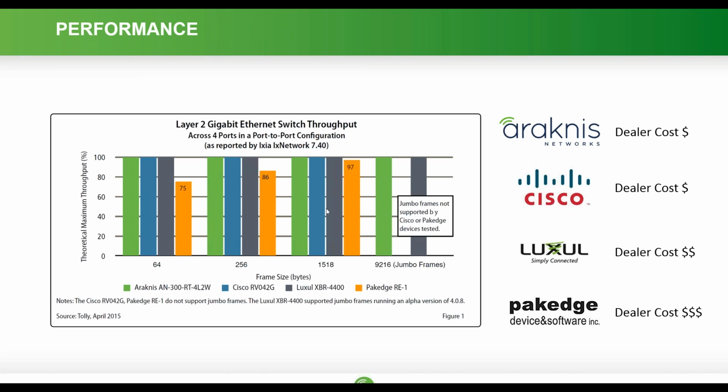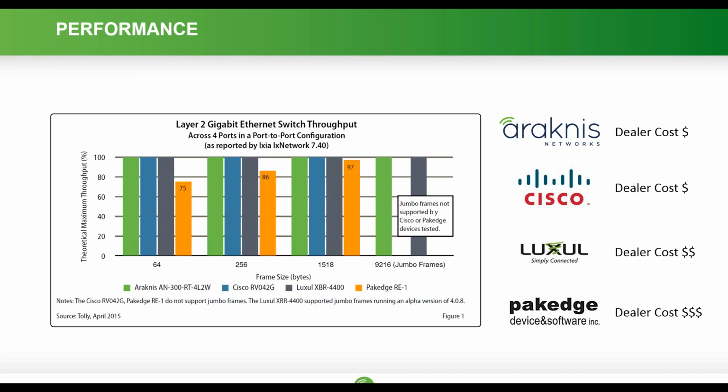But we were surprised to see the Pakedge RE1 not performing optimally when it comes to LAN throughput. Part of the process with Tolly is that Tolly will reach out to those vendors that didn't score favorably and ask them for their support.